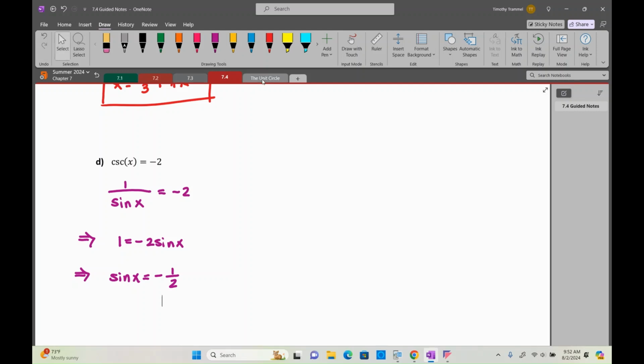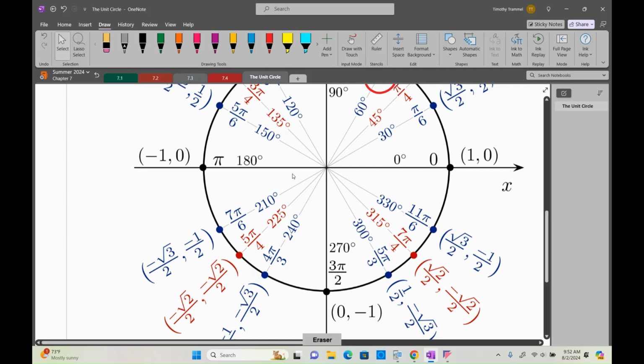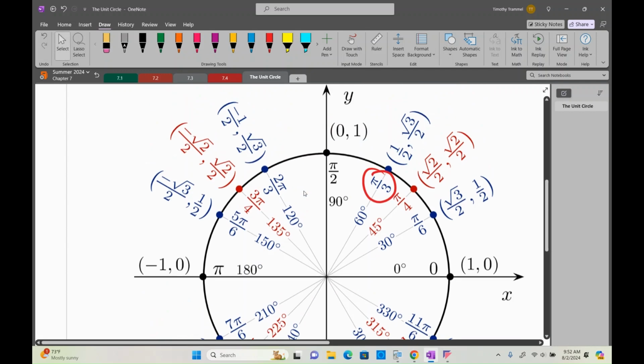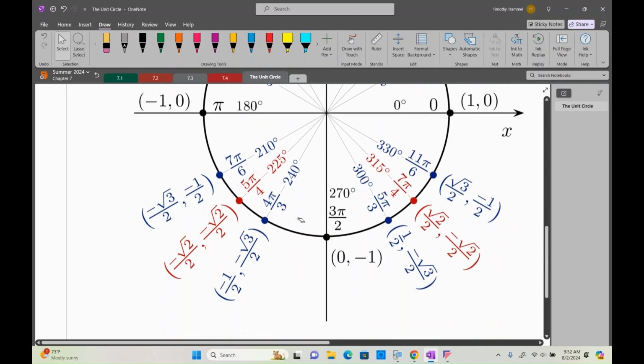So we come over here. We're looking for where the y value again is minus 1/2. So it's going to be below the x-axis. That's going to be here and here. Maybe I'll circle the y value. There we go. Those are both minus 1/2.